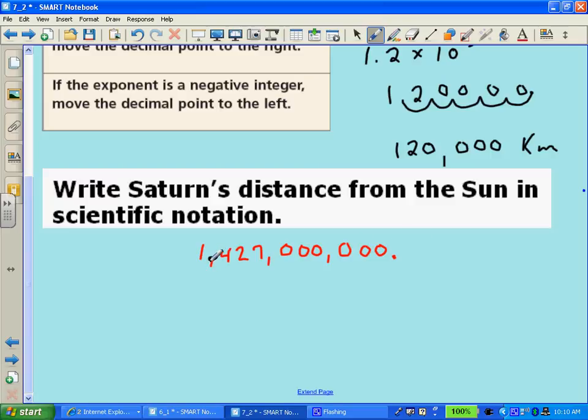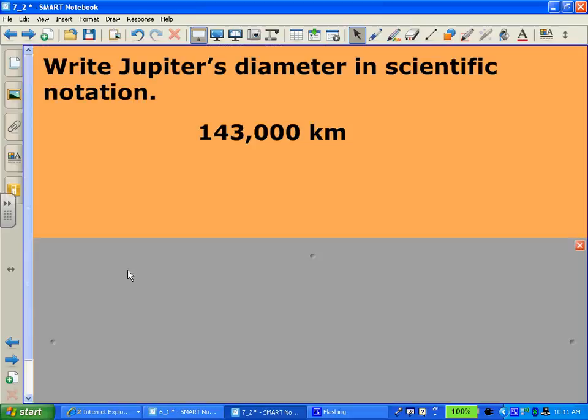So, in order to move from where it's supposed to be to where it currently is, it had to move 1, 2, 3, 4, 5, 6, 7, 8, 9 spots to the right. So this number in scientific notation would be 1.427 times 10 to the 9th power because it moved to the right. Okay? So that's how I go from standard notation to scientific notation.